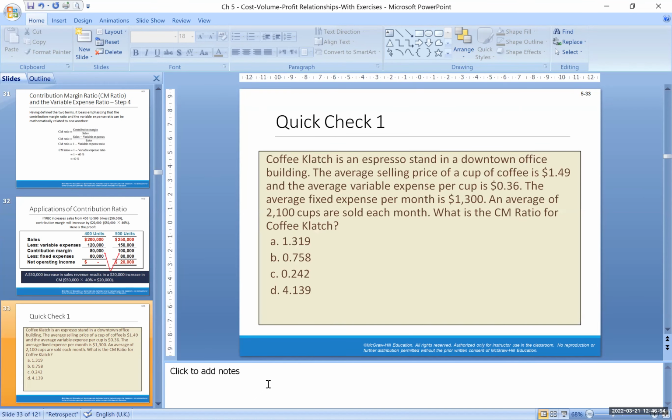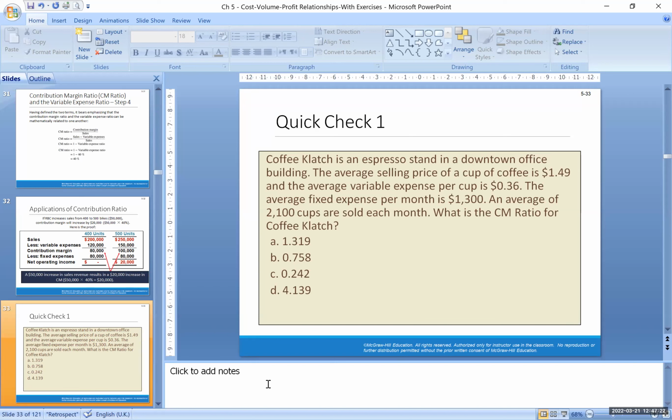Just to finalize for today, a quick quiz. Coffee Clutch is an espresso stand in a downtown office building. The average selling price for a cup of coffee is $1.49. The variable expenses per cup are $0.36.